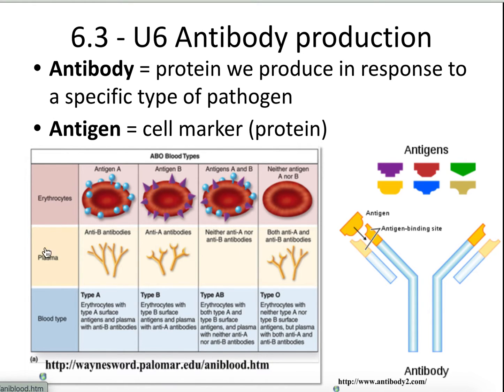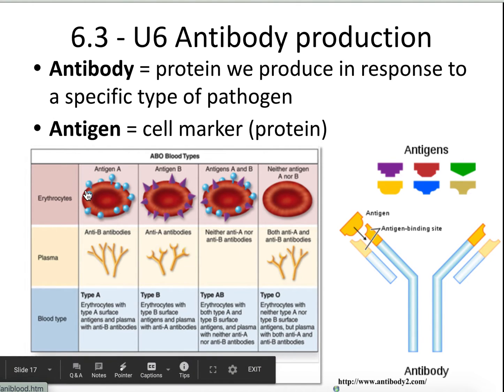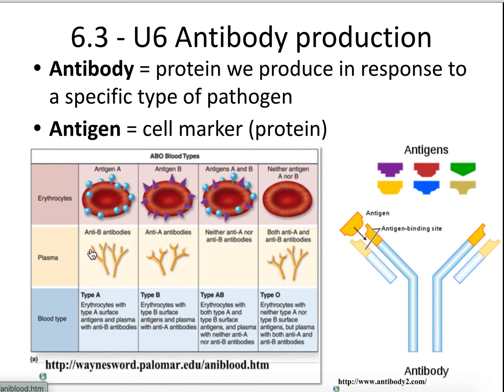So for example, if you look at our blood types, I'm blood type A, and I have anti-B antibodies. So that means my body's looking for, if it ever sees type B blood enter my body, it can attack it because it has these memory cells or these antibodies to attack that shape. So if you notice, it matches the B shape.